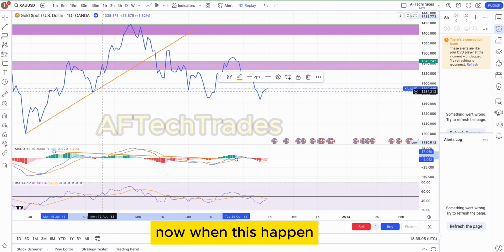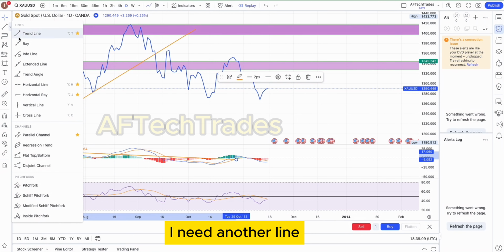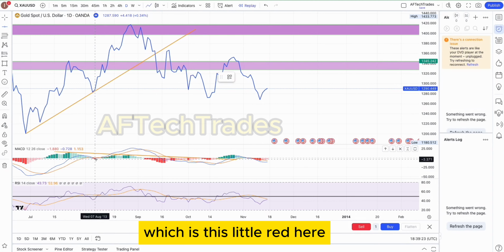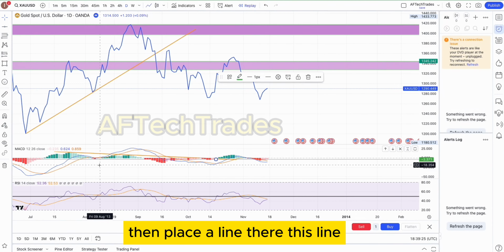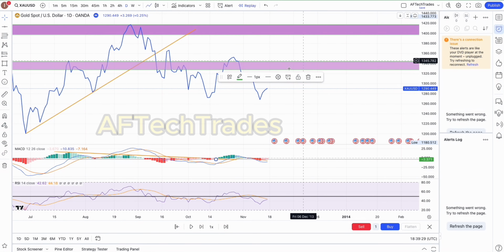Now, when this happens, what you will do is place another line. I'll pick this horizontal line. You go to the lowest point between these two MACD points, which is this little red here, then place a line there. Let me make it thicker.